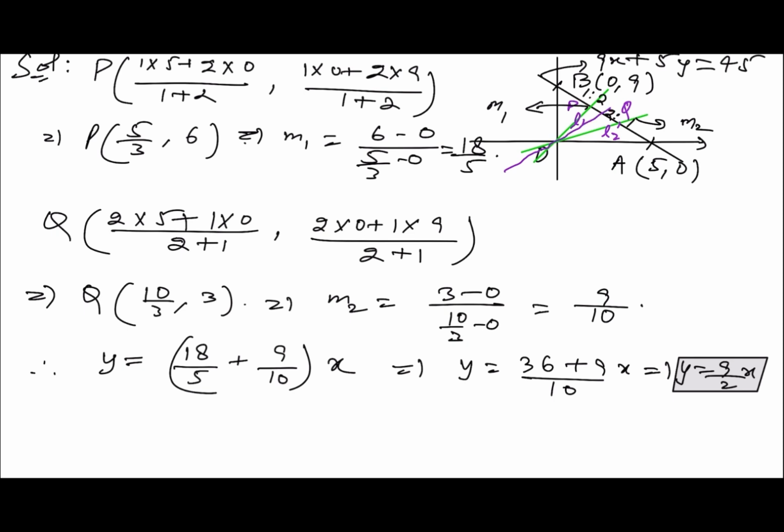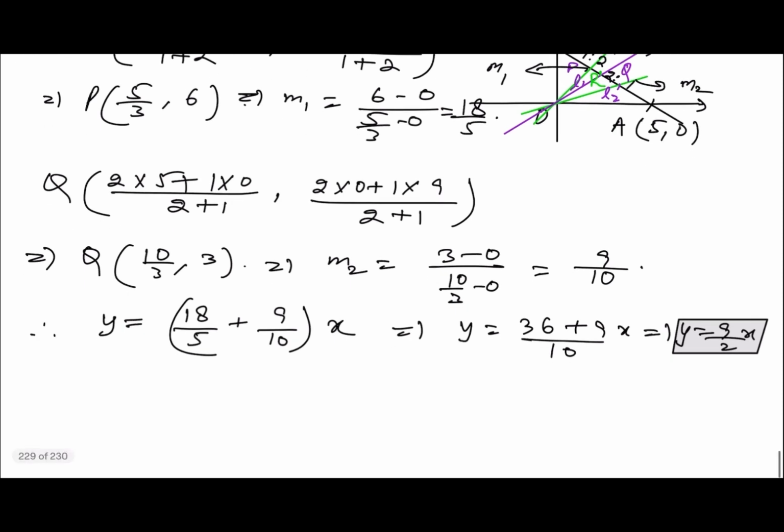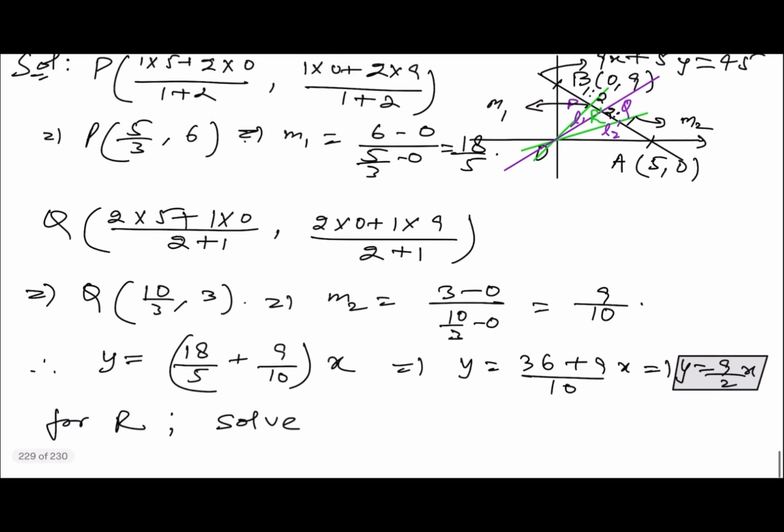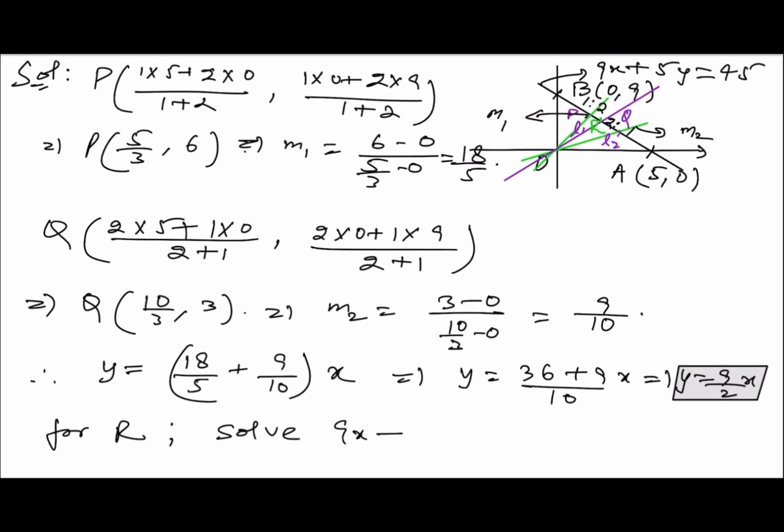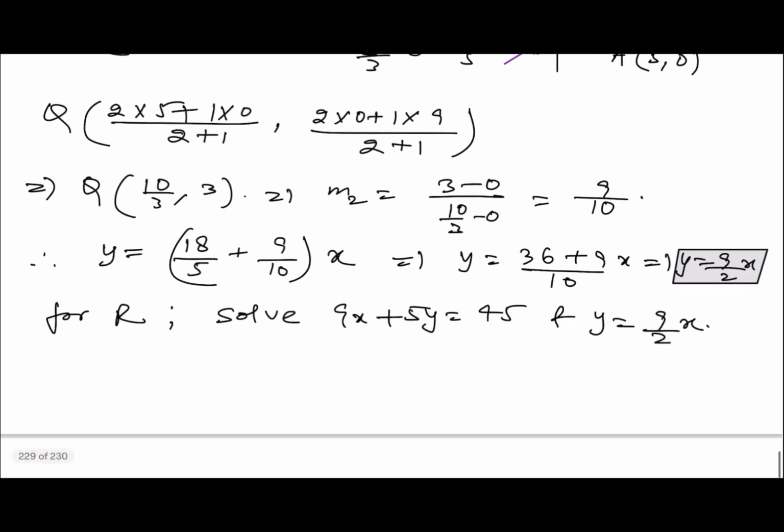Suppose it is meeting the segment AB at point R. So for R, solve 9x plus 5y is equal to 45 and y is equal to 9 by 2 x simultaneously.